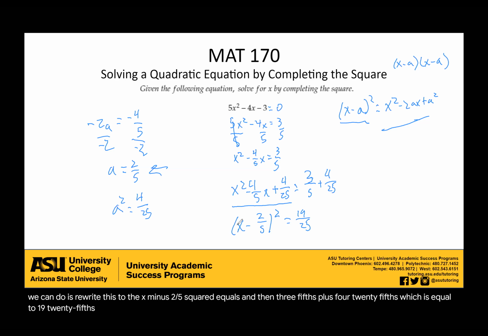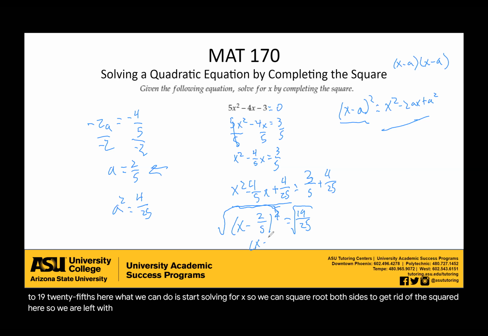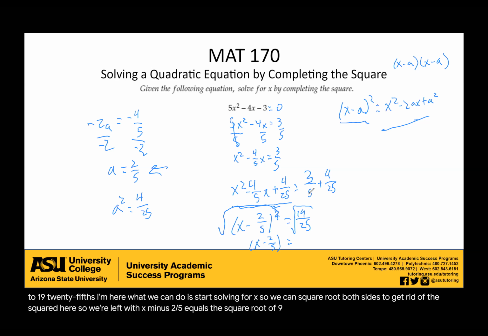Now from here, we can start solving for x. We can square root both sides to get rid of the square here. So we're left with x minus 2/5 equals the square root of 19/25.